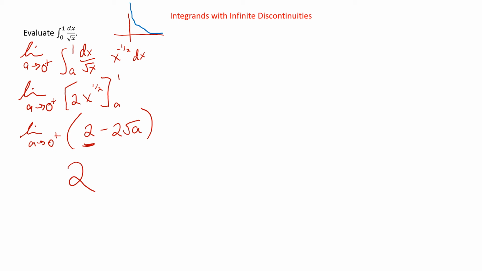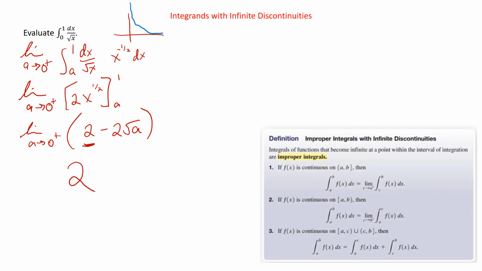So that integral there, even though it has that vertical asymptote that we're counting, it still just comes out to be 2. We do it the same way we do it when we're going to infinity. We just take a limit as it's going to that point. In general, this is what it looks like.